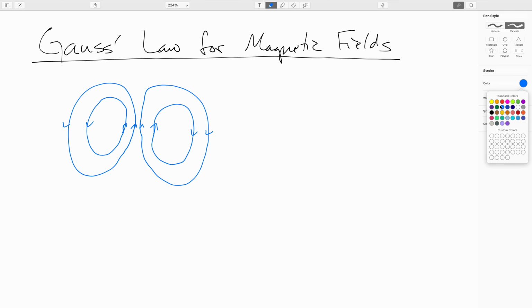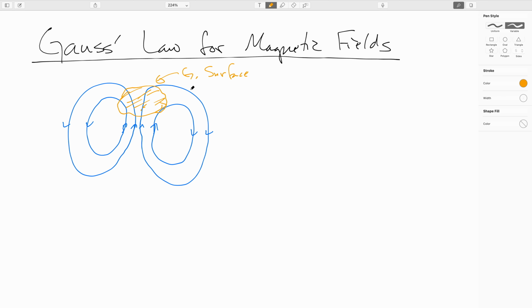So now if I erect any Gaussian surface, let's just make it this arbitrary potato shape here, however many magnetic field lines go in it have to go out of it.